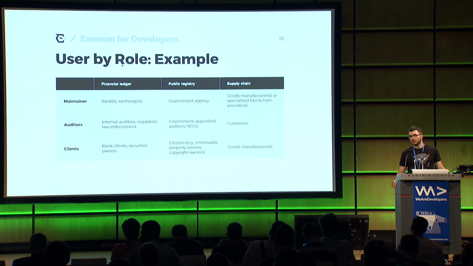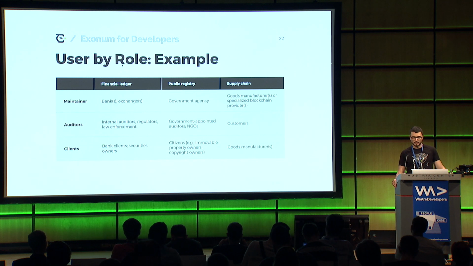As auditors, we have some third-party organizations like Transparency International or World Bank that have to audit data stored on the blockchain. As for clients, it's simple also. It's just citizens that have some rights, that have some ownerships, and they have to store this information somewhere securely.